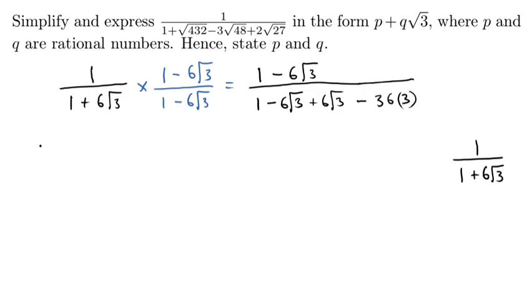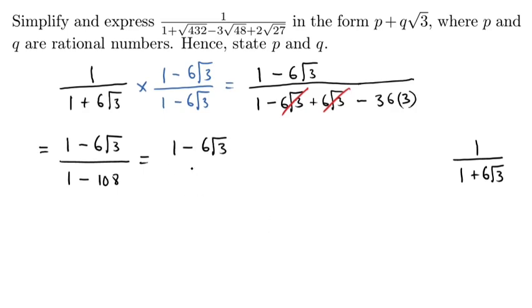So this equals, numerator, 1 minus 6 root 3 divided by denominator. This cancels this. They're the same. One is positive, one is negative. So 1 minus, 36 times 3 is 108. So this equals 1 minus 6 root 3 divided by negative 107. Now split the denominator to both numerators.